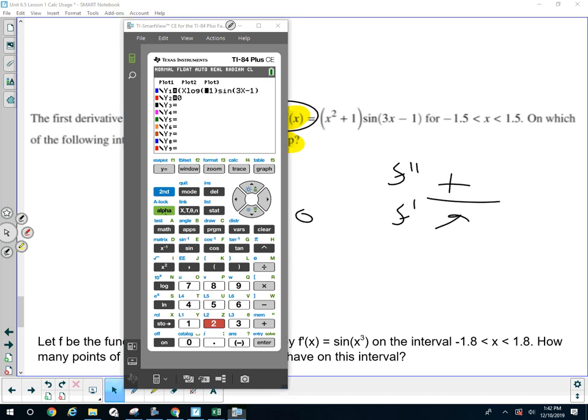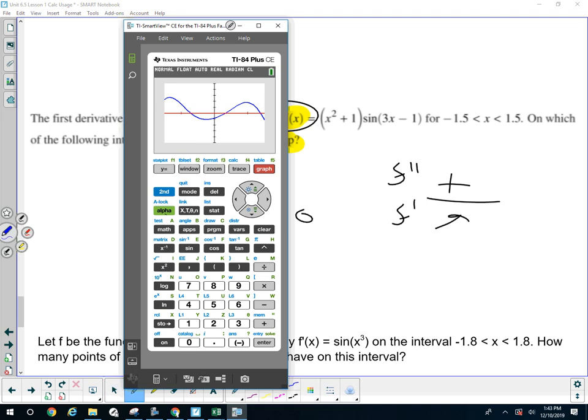F double prime is positive when F prime is increasing, or when the slopes of the tangents of F prime are positive. We're talking about this interval is when F prime is increasing or when the slopes of the tangents of F prime are positive. To be able to find this interval, all you need to do is find the location of this min and the location of this max, and it's in between those.